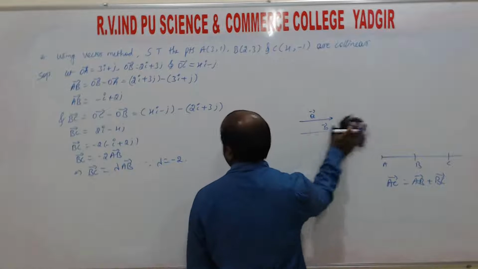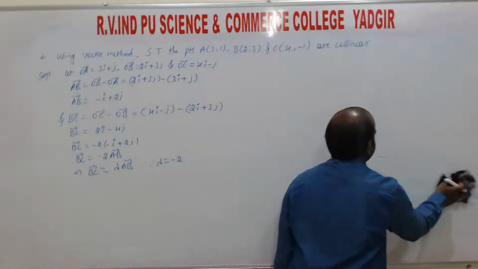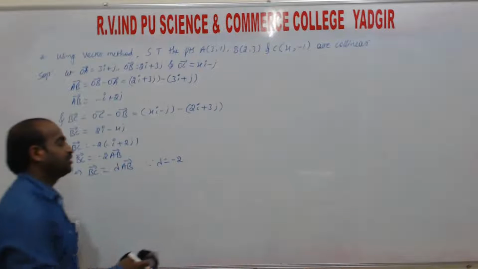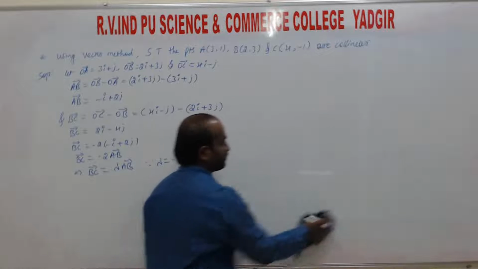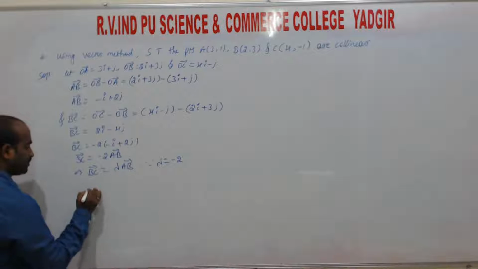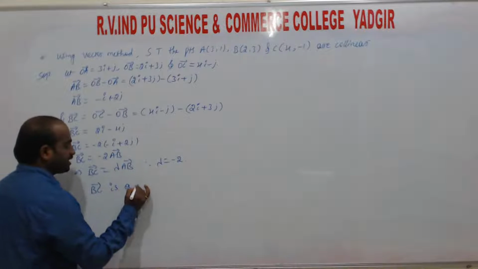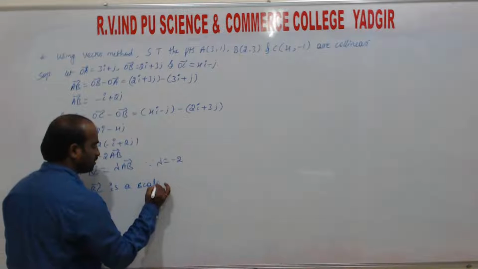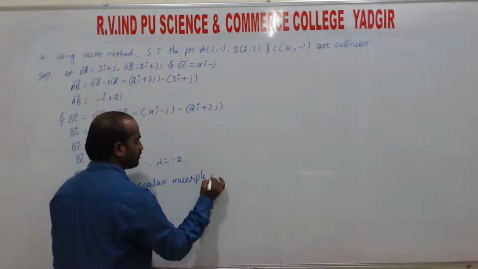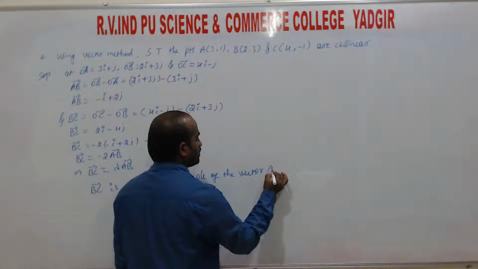This means BC vector is a scalar multiple of AB vector, so AB vector and BC vector are collinear. Therefore, BC vector is a scalar multiple of the vector AB.